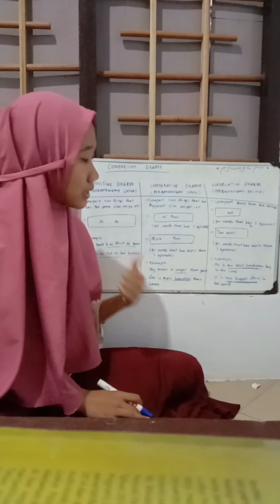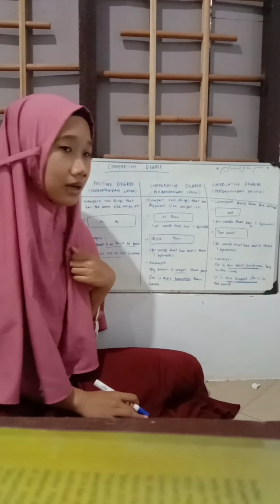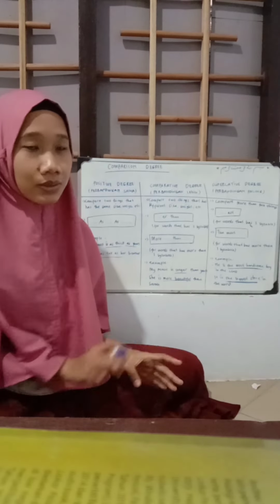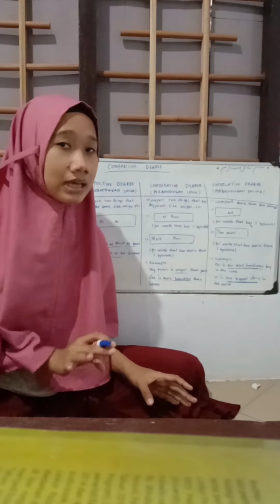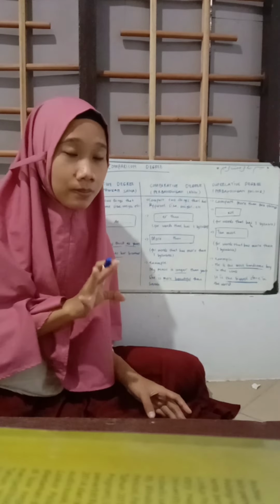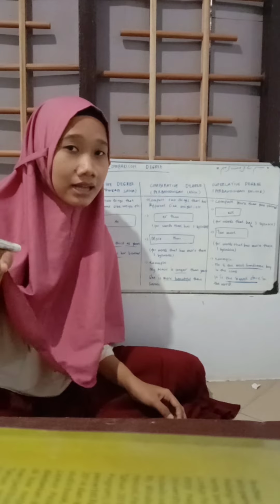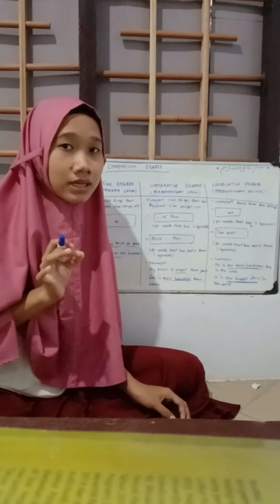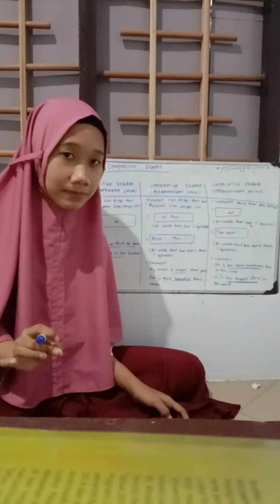Okay. For example, beautiful or handsome. It has more than one syllable, so you may not add -est at the end of the word. For example, handsome. So you may not say "the handsomest". No, it's wrong. So the correct one is "the most handsome".